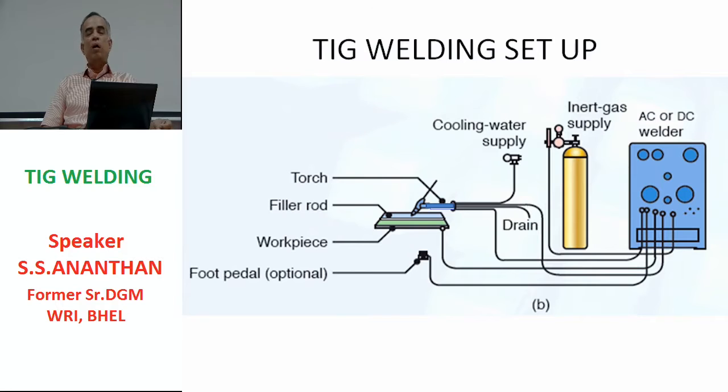Then you have a gas system, which is a gas cylinder plus a regulator plus a flow meter, which feeds the required amount of shielding gas into the torch. All these things are connected in a single system for automatic welding as a total integrated control. In addition, you have a foot switch which enables the welder to switch the welding on and off as required.